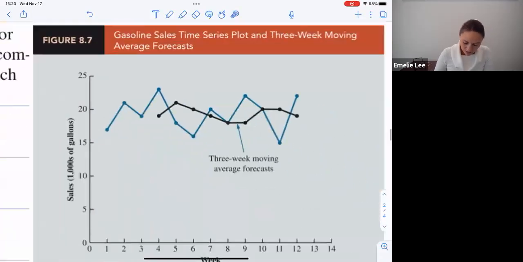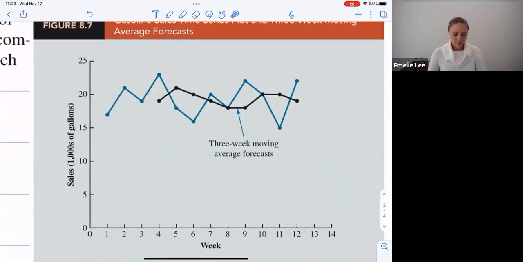And so if we look at the 3-week moving average forecast, we see that we can't start until week 4. If this is the forecast and this is what actually happened, then the difference between those two is the forecast errors. We see that these forecast errors are a little bit off, but then things get better, and then here we're back to a large error.